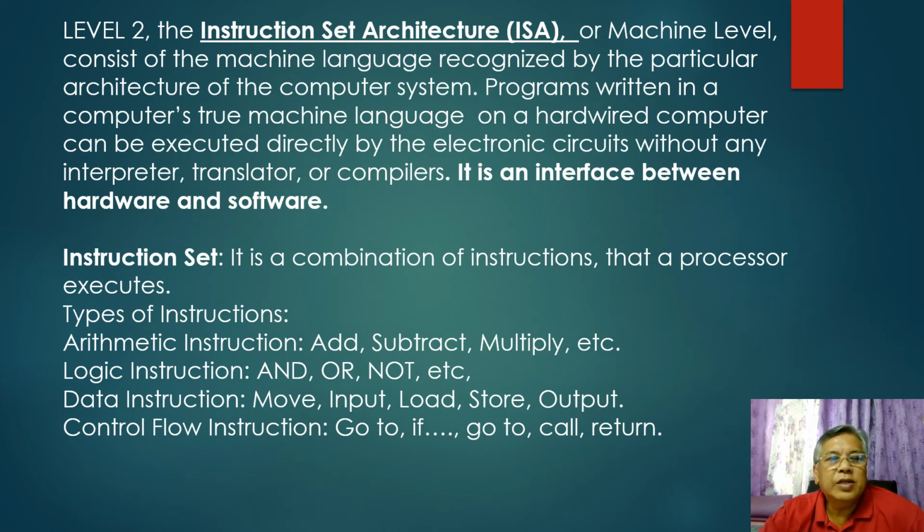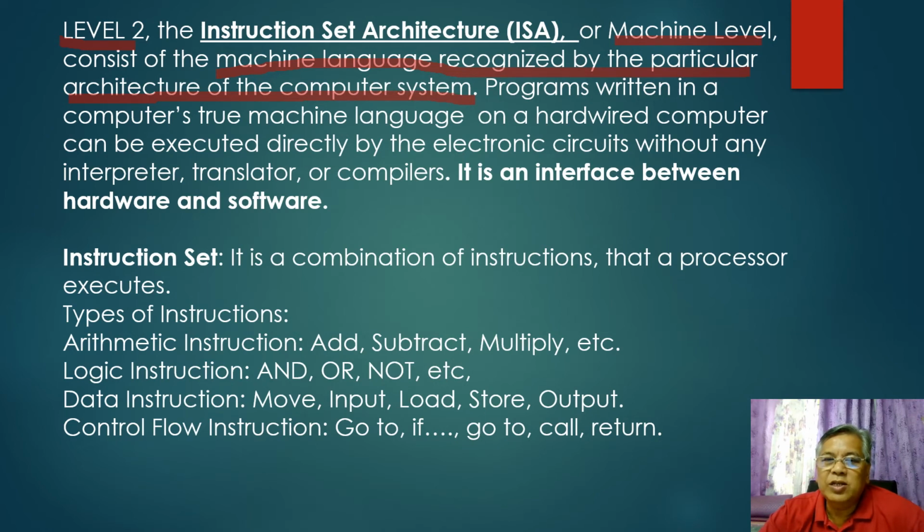Okay, the next level is level 2. So level 2 is actually the machine level, wherein the instruction set architecture is being executed. Now, it consists of machine language recognized by the particular architecture of the computer system.